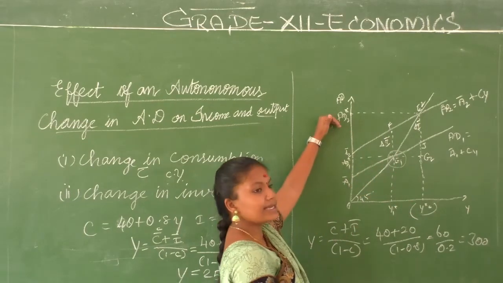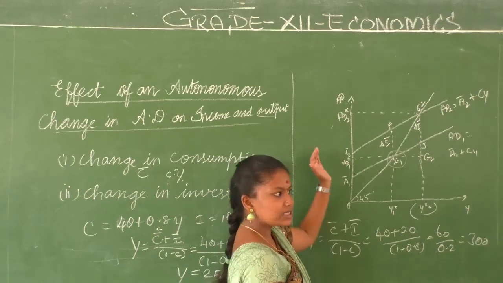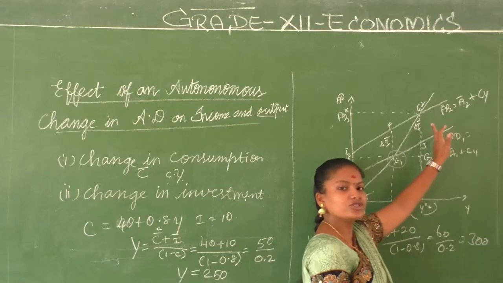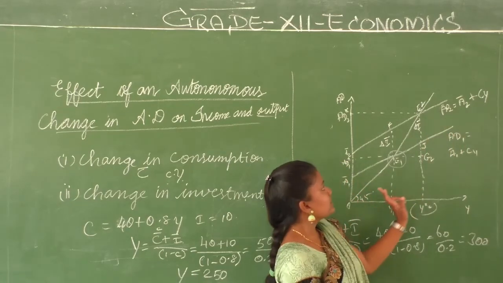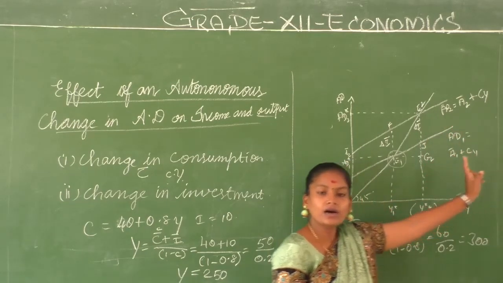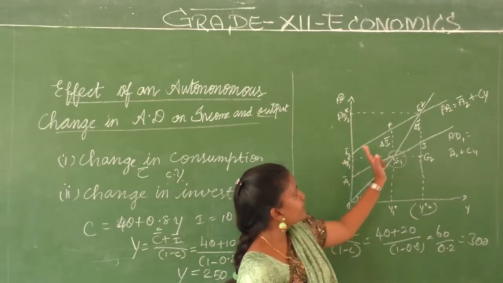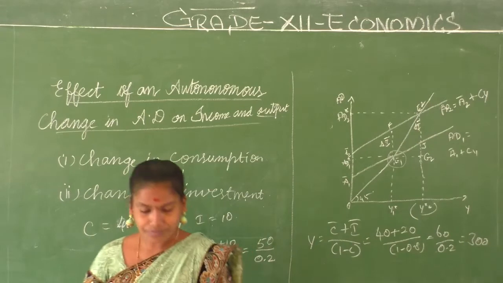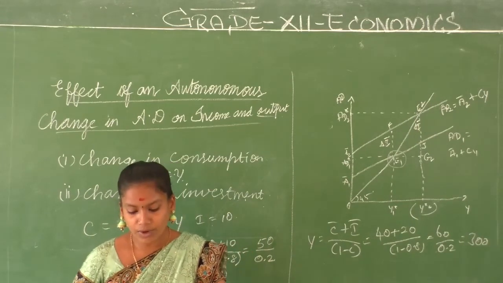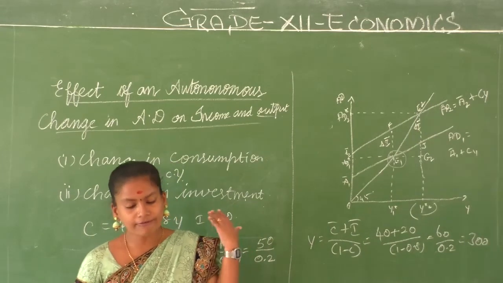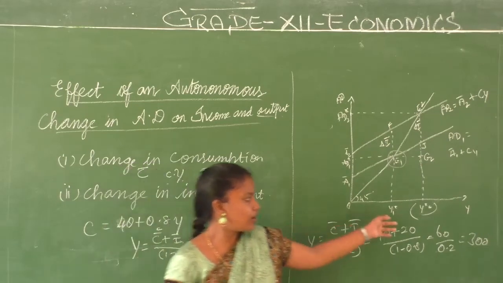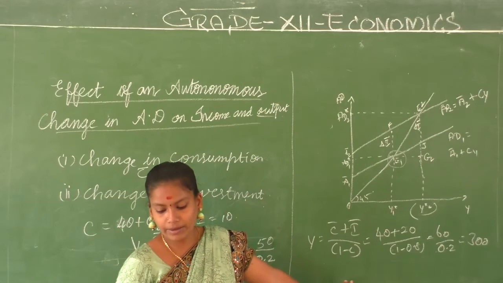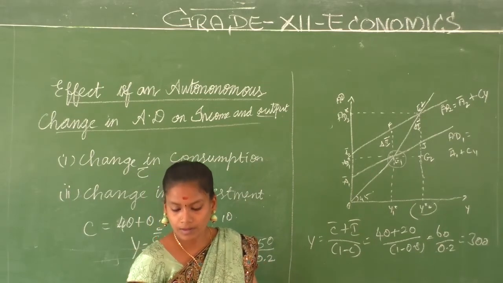When the investment increases, the demand also increases, and the equilibrium changes to equilibrium 2. If you see, the same 45-degree line meets the AD2 slope here, that is why this is marked as E2. You have found a new equilibrium and a new income level also. So Y2 will become the new income.